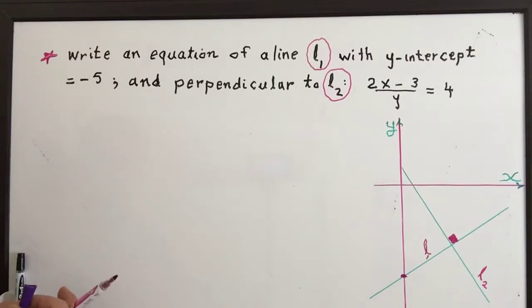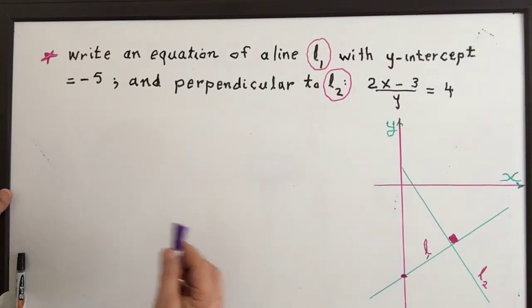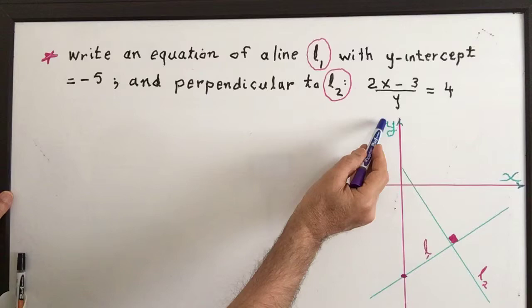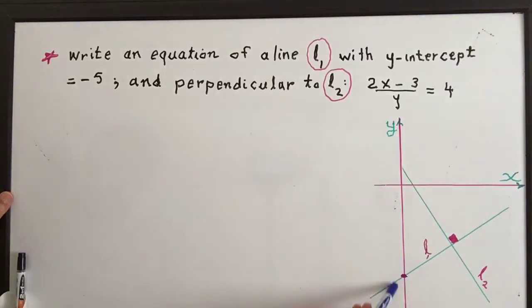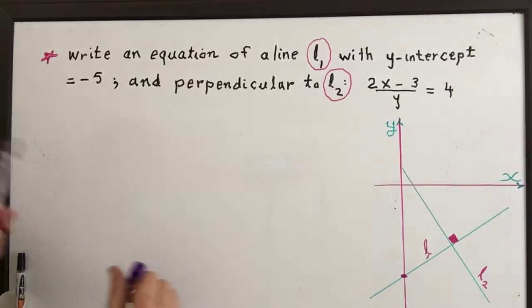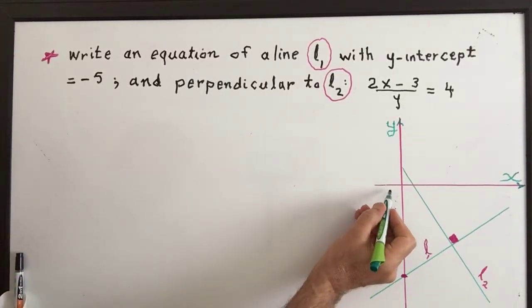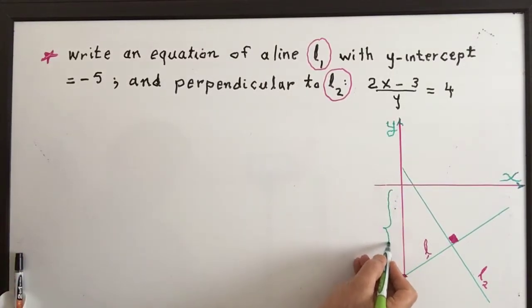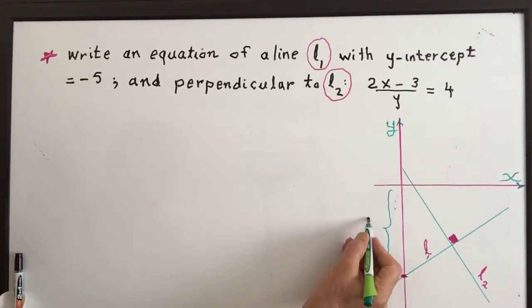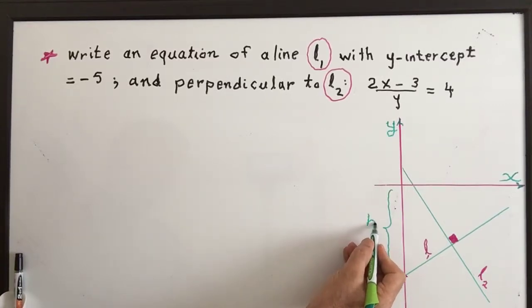Also, there is an intercept on the y-axis, which usually we denote by b.